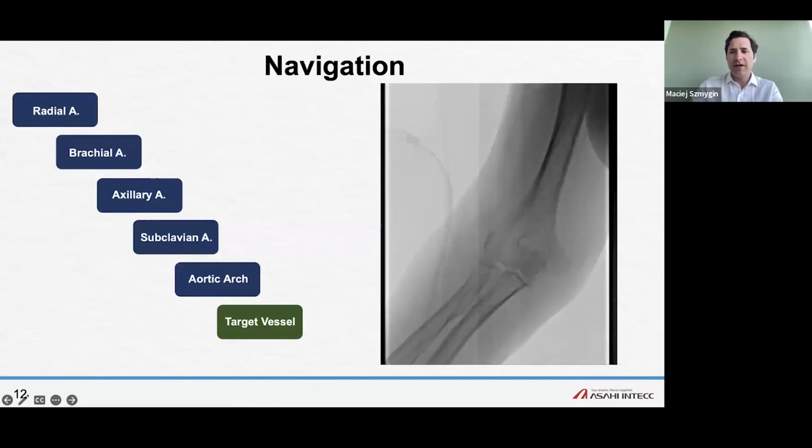So then we have to navigate. Once we have our access obtained, we have to navigate. It's quite simple, quite easy. We go from radial artery to brachial artery.